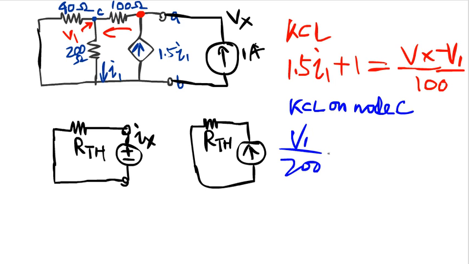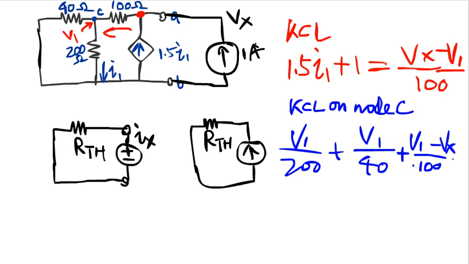The current running out of the 40 ohm resistor is V1 divided by 40. And the current running out of the 100 ohm resistor should be V1 minus Vx divided by 100 has to be equal to 0.